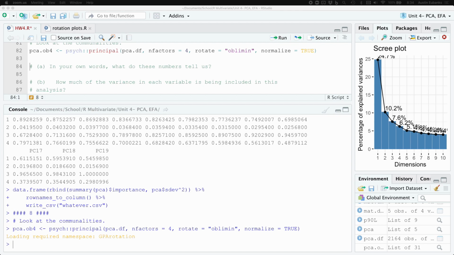The reason we're doing an oblique rotation is because if you remember, I gave you some guidelines for when it is safe to assume that the dimensions or the factors or components are orthogonal, and when is it really a distortion of reality. And so do you guys remember what was the rule for determining if you were allowed to use an orthogonal rotation or if you were really distorting your data?